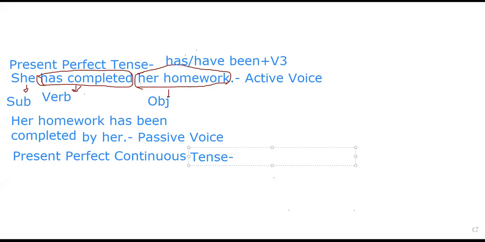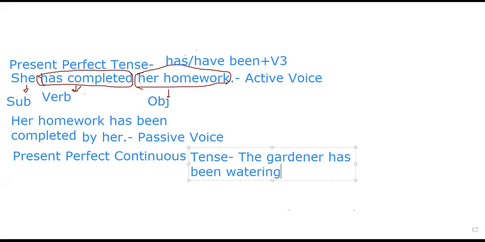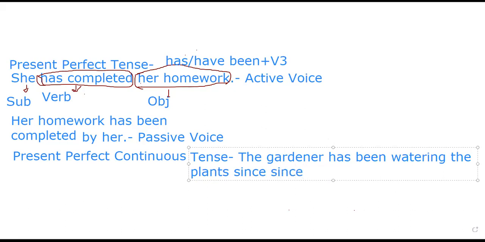Suppose I say, the gardener has been watering the plants since 9 a.m. Now this is in active voice, no?